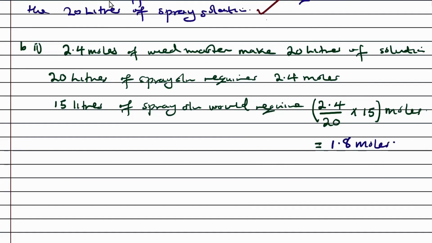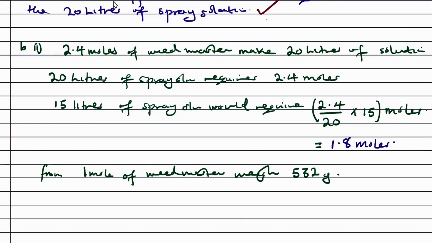So having got those moles, remember they're asking for the mass, so we need to go ahead and calculate the mass. We can say that 1 mole of Weedmaster weighs, this is the molecular mass, 532 grams.